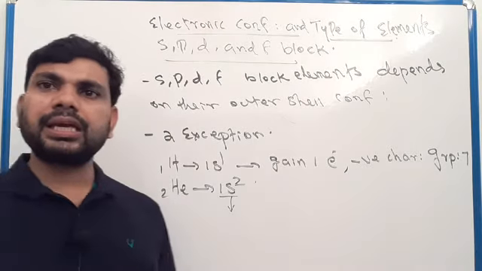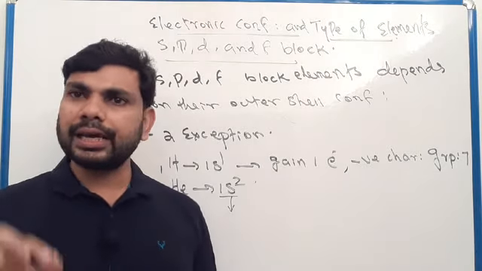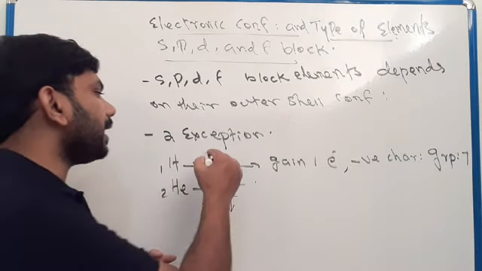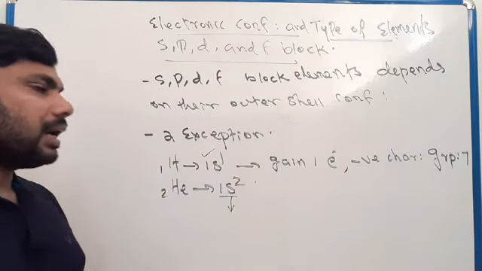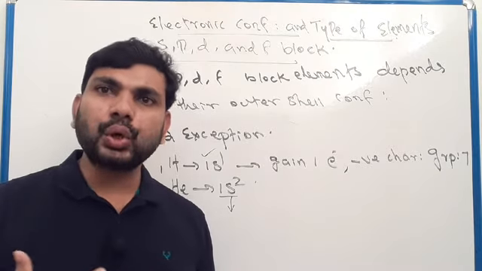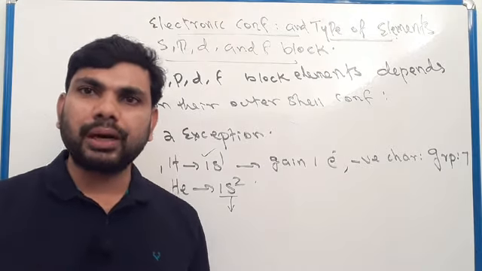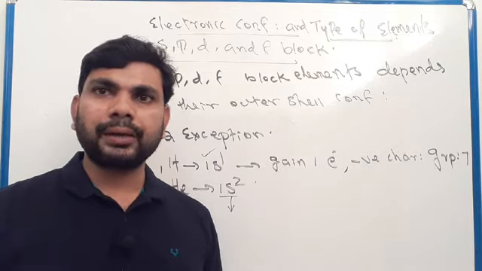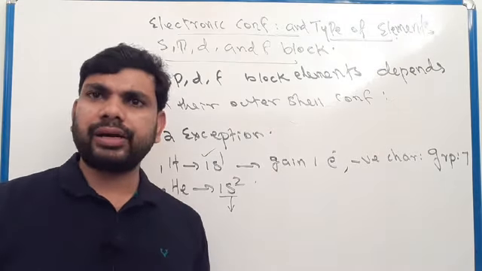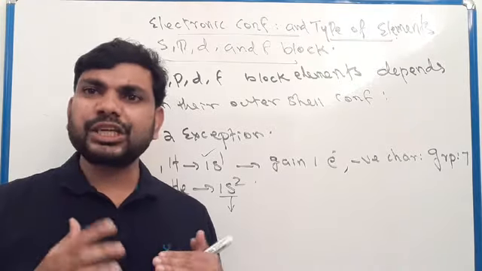The second exception case is hydrogen, 1s1. That's why hydrogen is put in the s block. But hydrogen can also receive 1 electron and show a -1 charge, for example in lithium hydride, a metallic hydride.